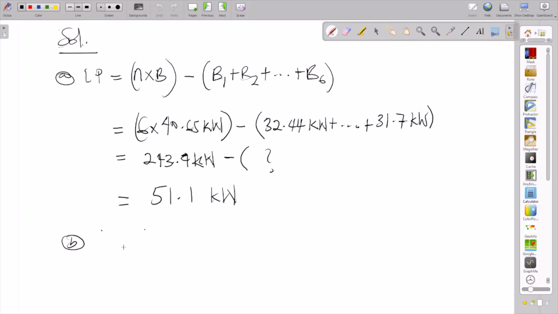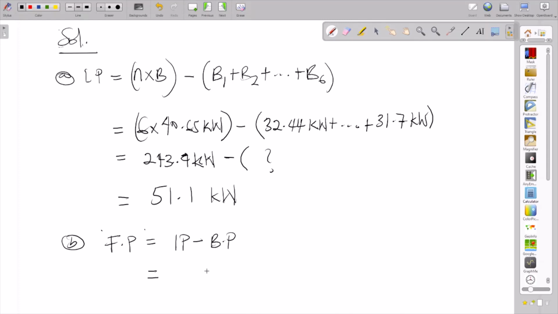If you could recall, the friction power is equal to the indicated power minus the brake power. Basically, all the components that result in a reduction in the power being generated in the cylinder is what we are trying to find over here.